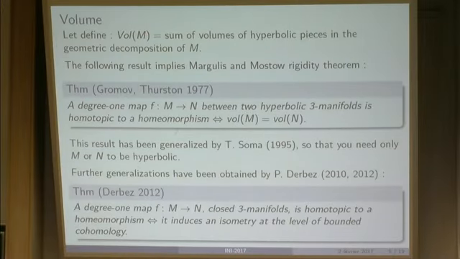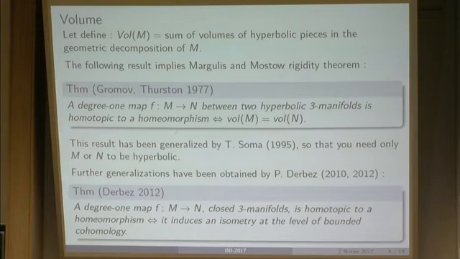I define the volume of a manifold as the sum of the volumes of the hyperbolic pieces of the geometric decomposition. It's the same, up to a constant, as the simplicial volume. And this result of Gromov and Thurston is a strengthening of the Margulis and Mostow rigidity theorem.